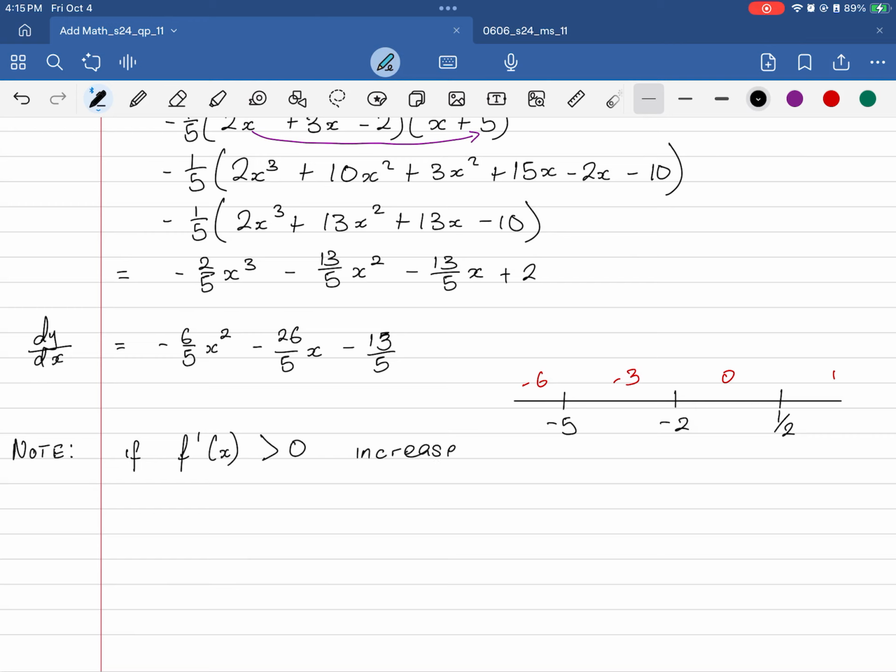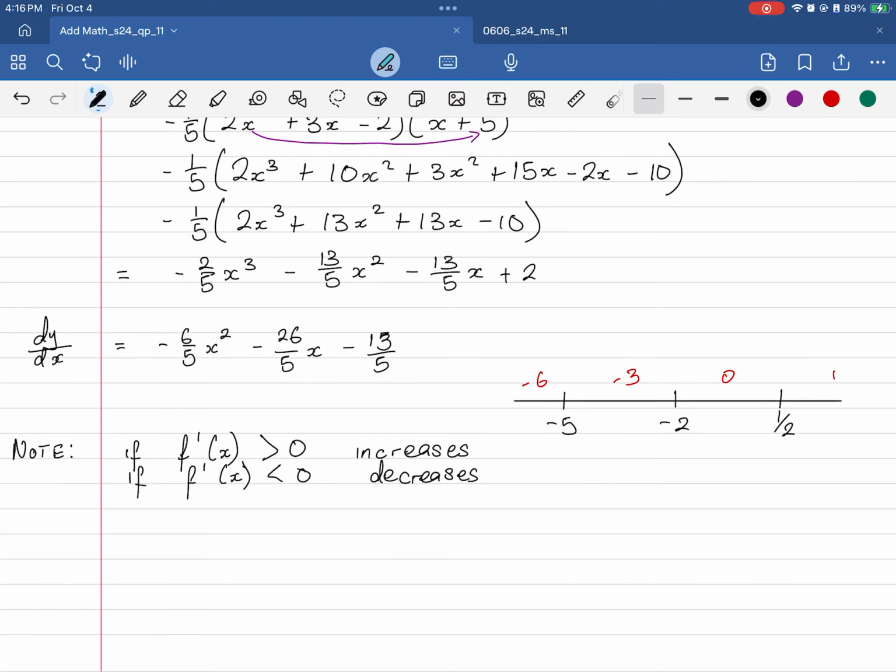If it is less than 0, then your graph decreases. So with that, we can move forward and plug these x values in red. You can plug them into our first derivative function.